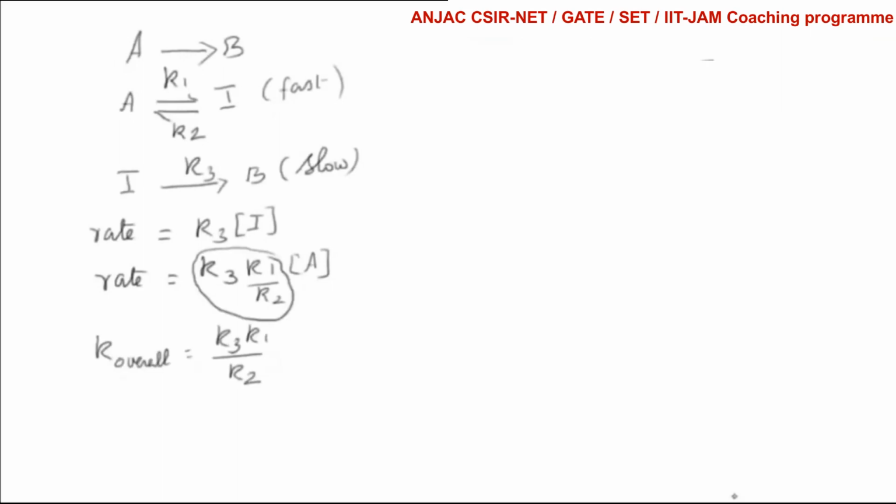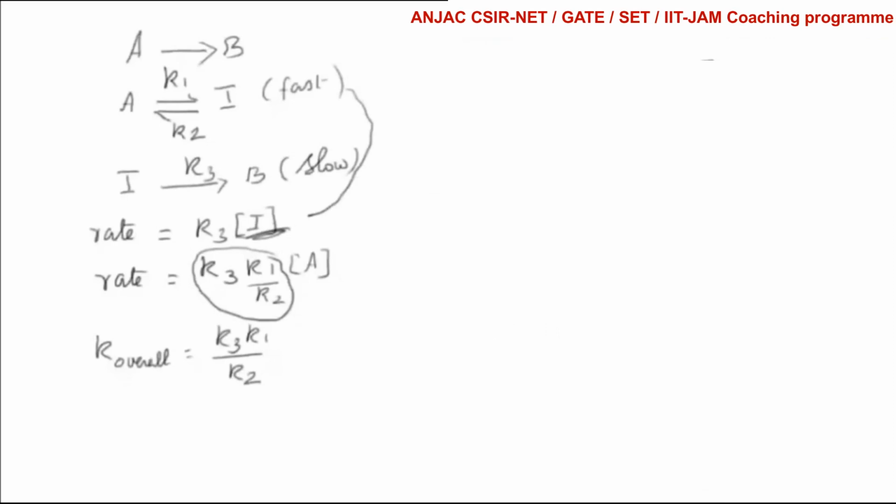Sir, you have substituted the concentration of I. Please explain that a little. How do you determine the concentration of I? The I concentration should be derived from the equilibrium because a fast equilibrium is there.